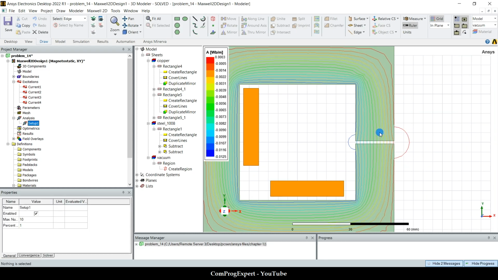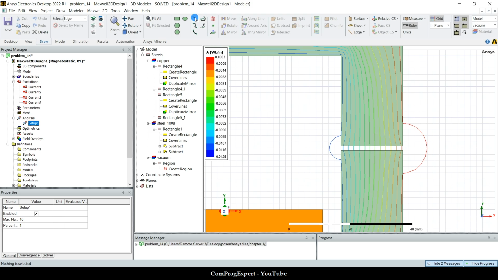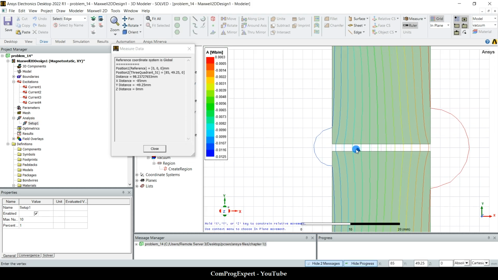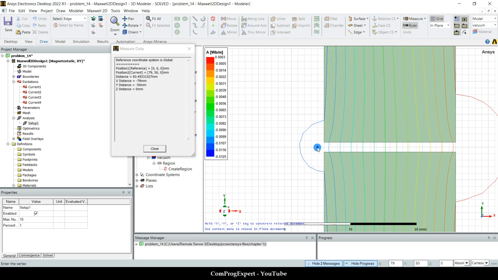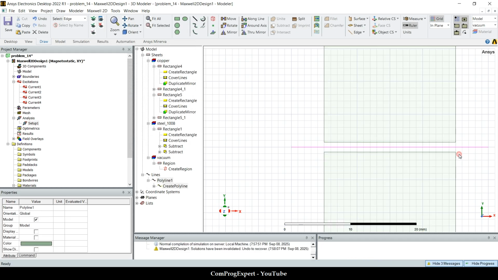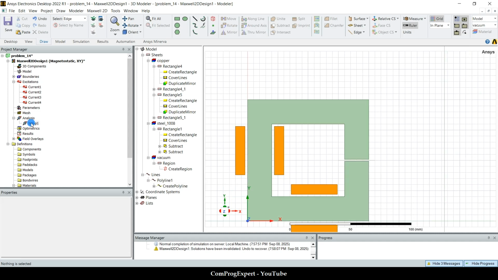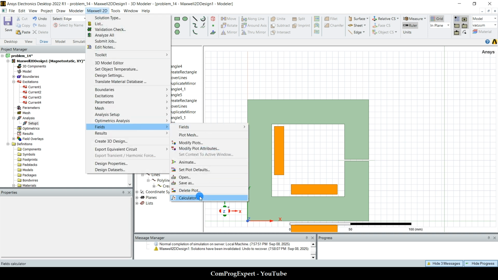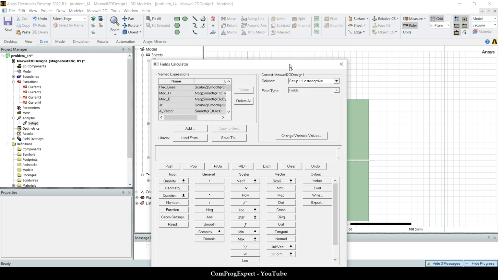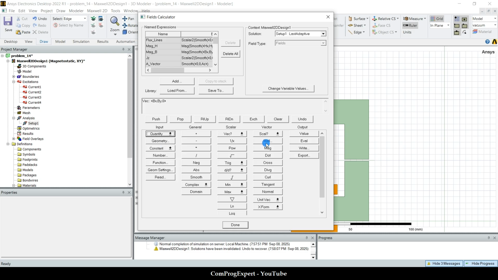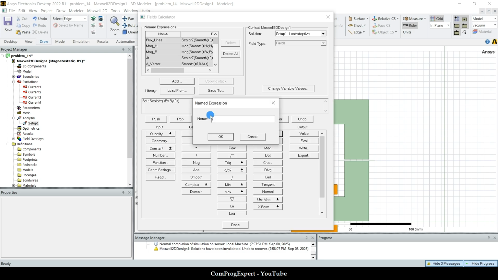B in the air gap. So let me draw a line here. I am going to draw a line from here to here and plot the By on it. So from the field calculator, add the B quantity, B, add, this is By.